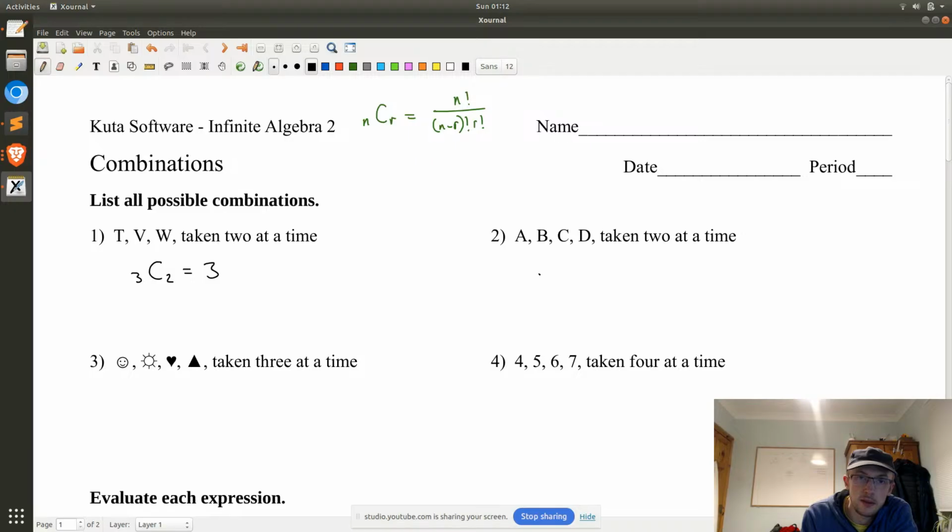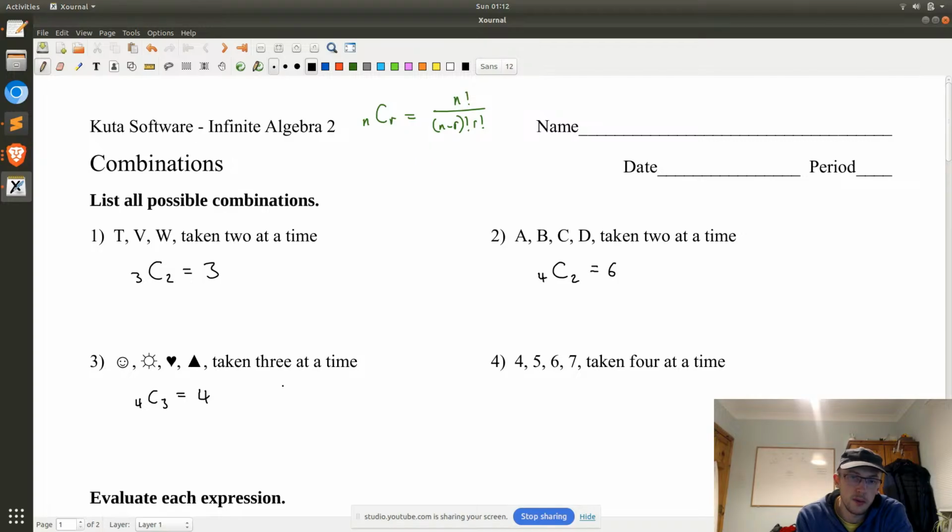Likewise, this is 4 choose 2. And that row goes 1, 4, 6, 4, 1, and therefore it goes 6. And this row is 1, 4, 6, 4, 1 as well.